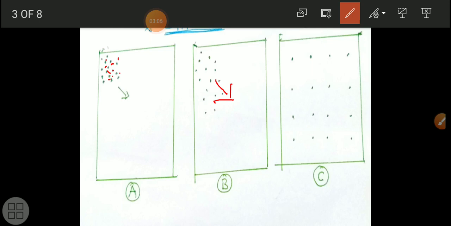The scent molecules reach everywhere in the closed room, isn't it? That is nothing but diffusion.